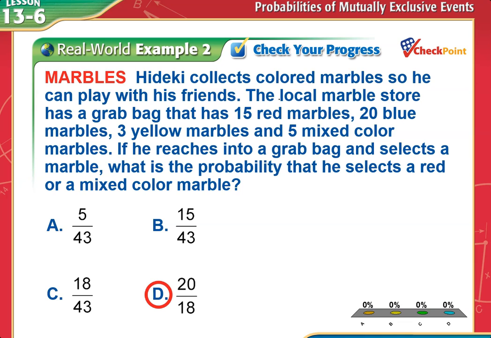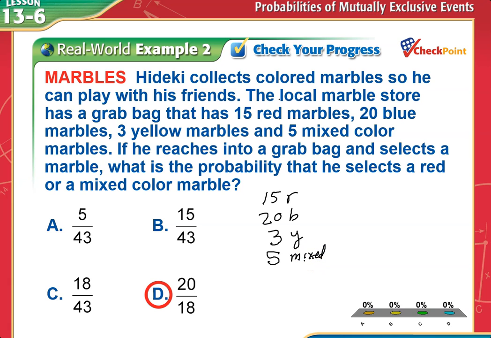Let's figure out where this book went wrong. It looks like we have a total of 15 red marbles, 20 blue marbles, 3 yellow marbles, and 5 mixed color marbles.